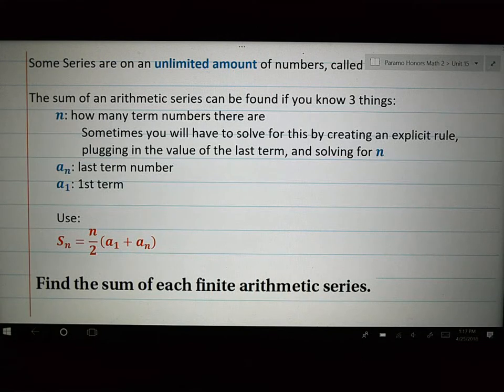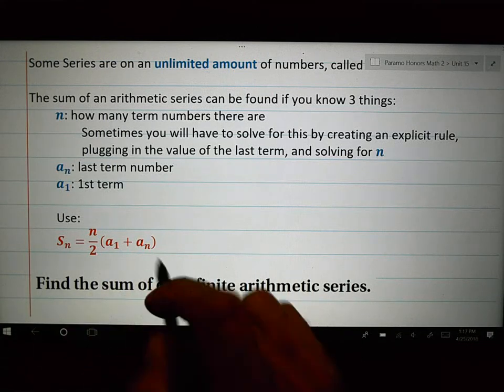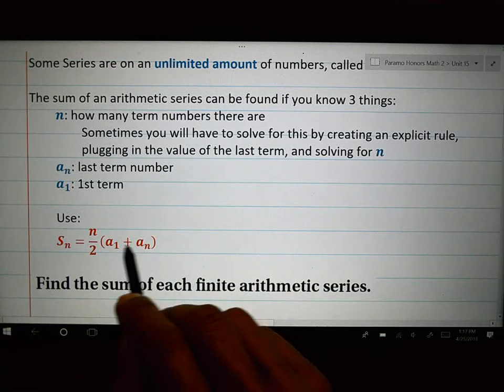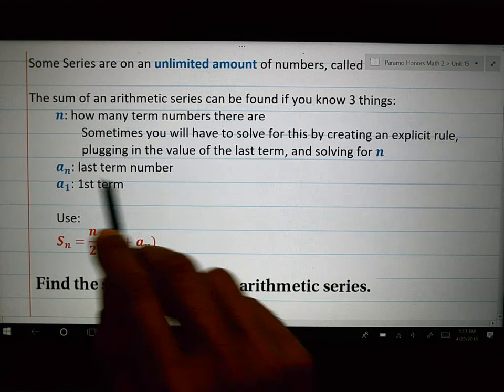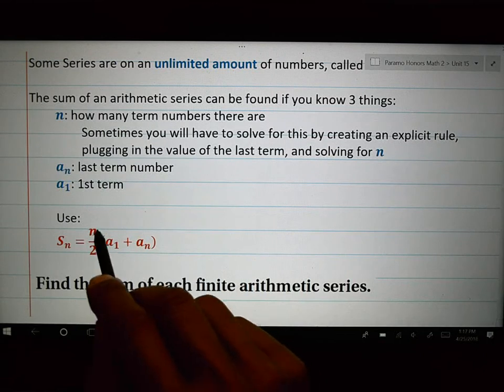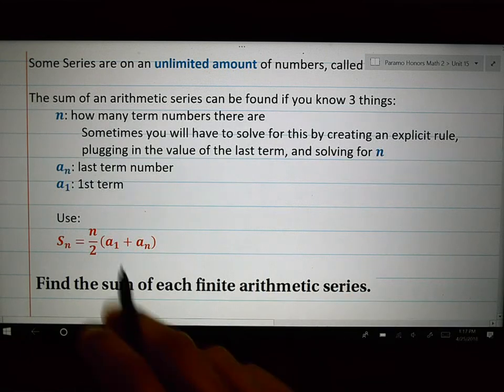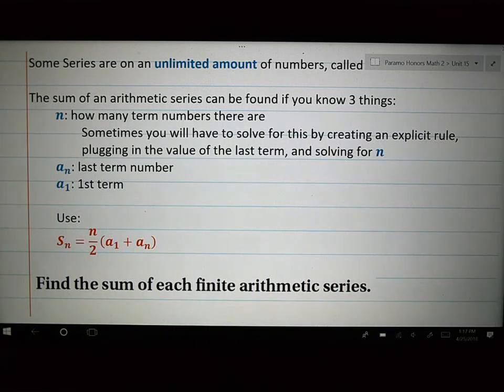So that's what we're going to do. I'll show you an example of why this works. You add the first, you add the last together. A of n is going to represent the last number this time. And n over 2 is how many terms do you have? Cut in half. And we multiply it by the sum of the first and the last. It's kind of a neat thing.